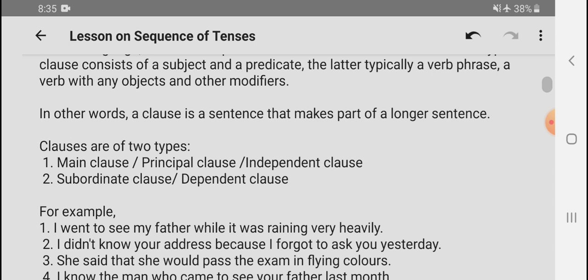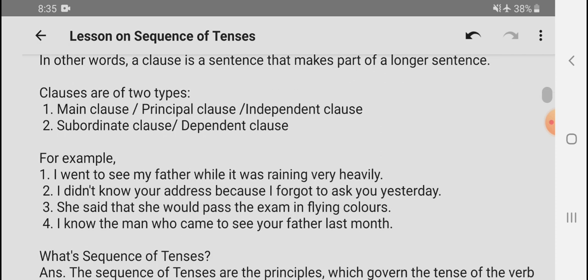Clauses basically are of two types. One is main clause and the other one is subordinate clause. Now main clause has other names such as principal clause, independent clause, and subordinate clause is also known as dependent clause. We will stick with the last names, that's independent clause and dependent clause.